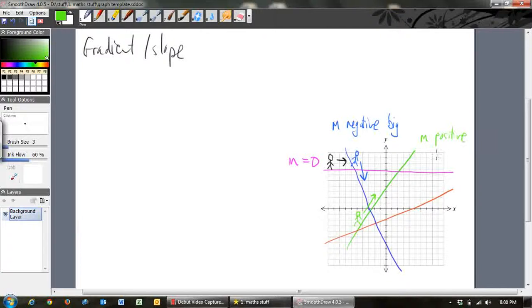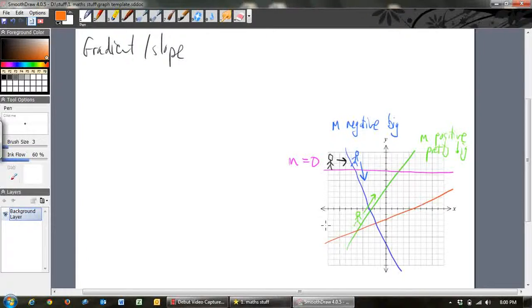M will be positive, we're going uphill. And because it's pretty big, I'll just write pretty big. It's not as big as the blue line, but it is pretty steep, and so m will be a pretty big number. And I'll get to those in a second.